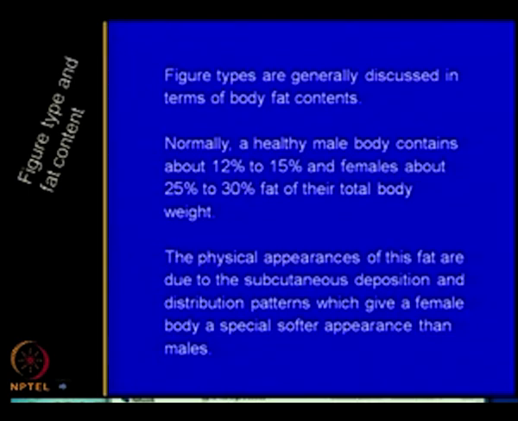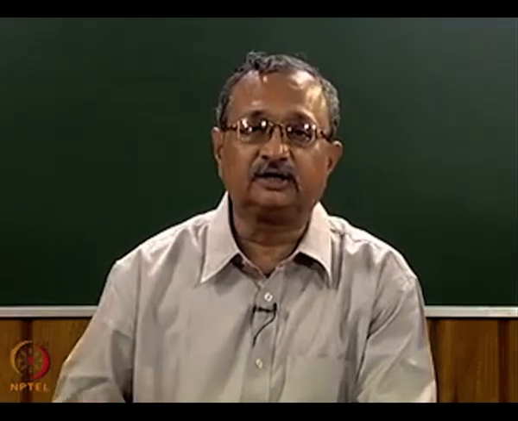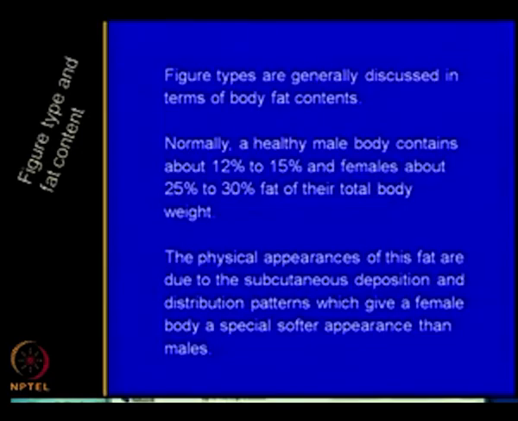Now, figure types mostly depend on the fat content. Figure types are generally discussed in terms of body fat content. Normally, a healthy male body contains about 12% to 15% of body fat and females about 25 to 35% fat of their total body weight.